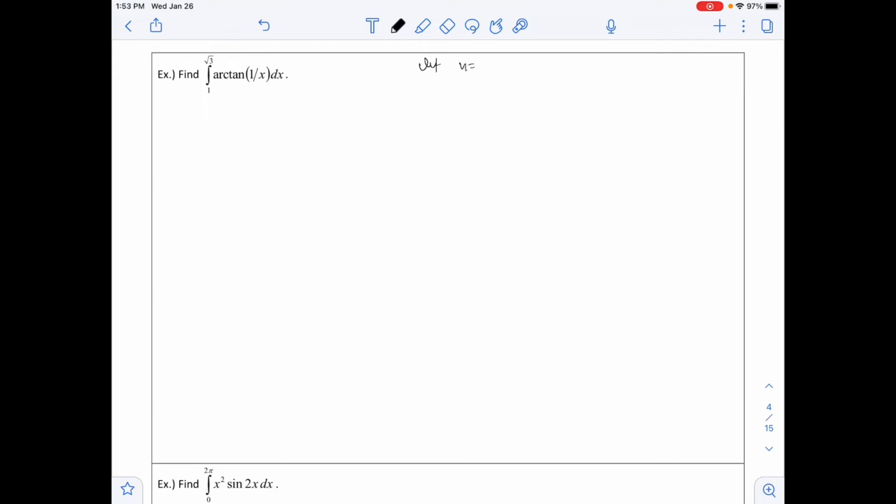Using integration by parts I have to let u equal the arctangent of 1 over x. And that means that dv, the other part, is just going to be equal to dx.